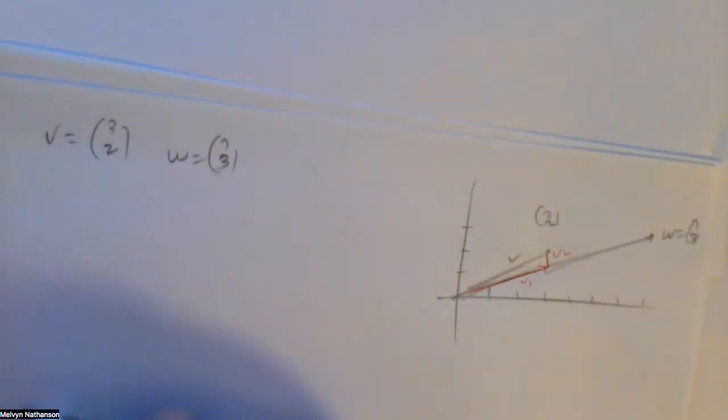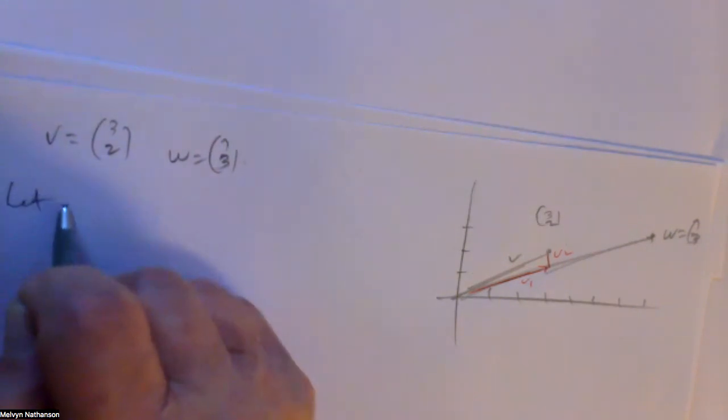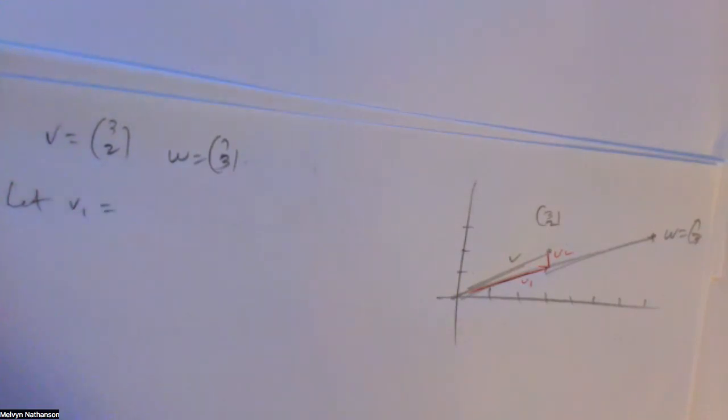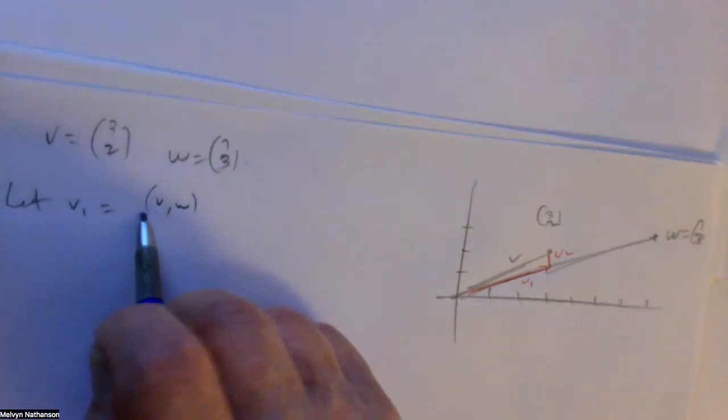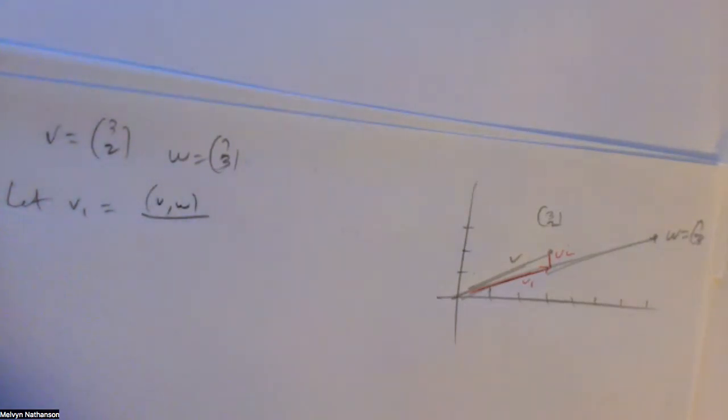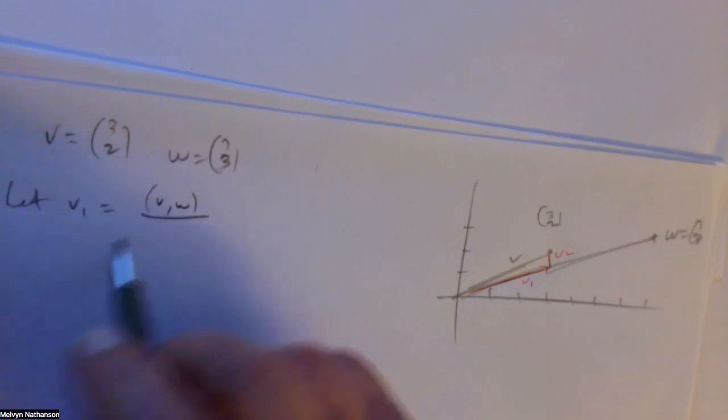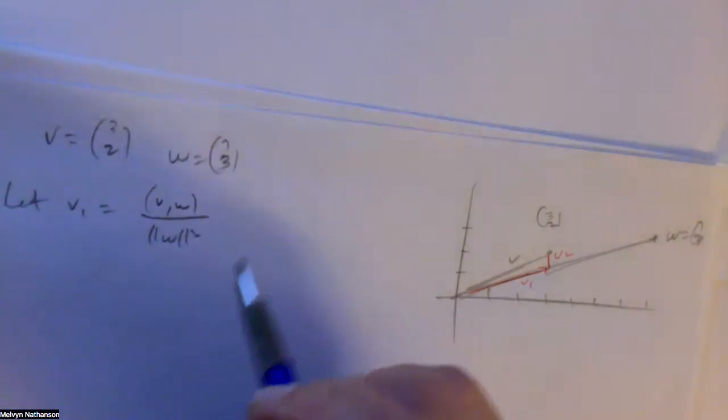Okay. So what was our formula? Our formula said that v1 is the inner product of v and w divided by the length of w squared, times w.